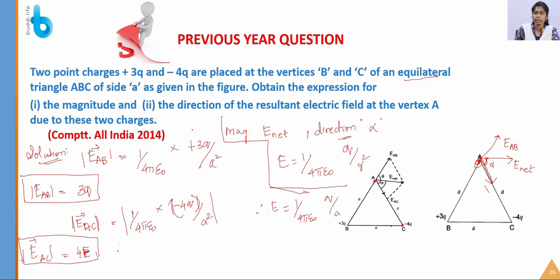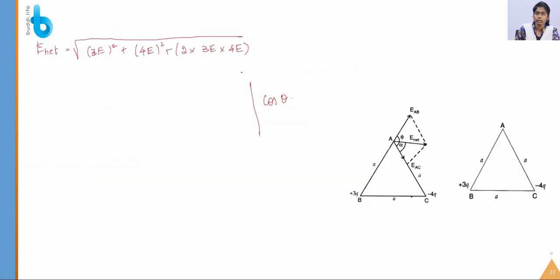So here I am having a cos theta. So theta is equal to 120 degree, because it is an equilateral triangle, and every equilateral triangle has 60 degree, right? So cos theta, cos 120 degree, is equal to minus 1 by 2.